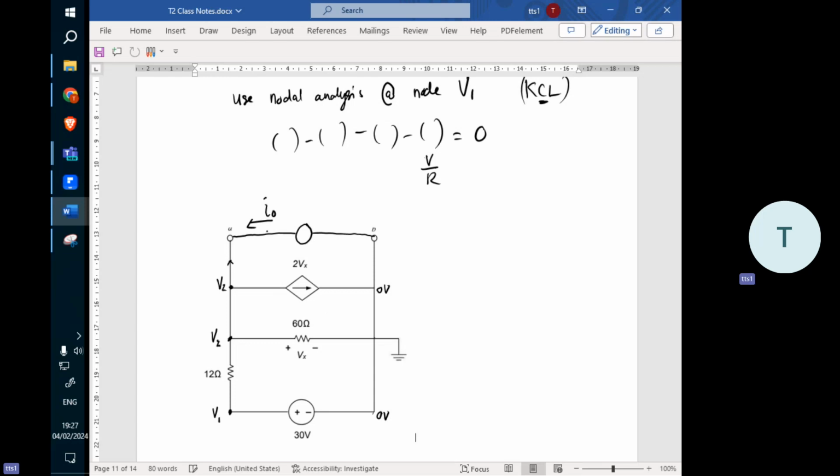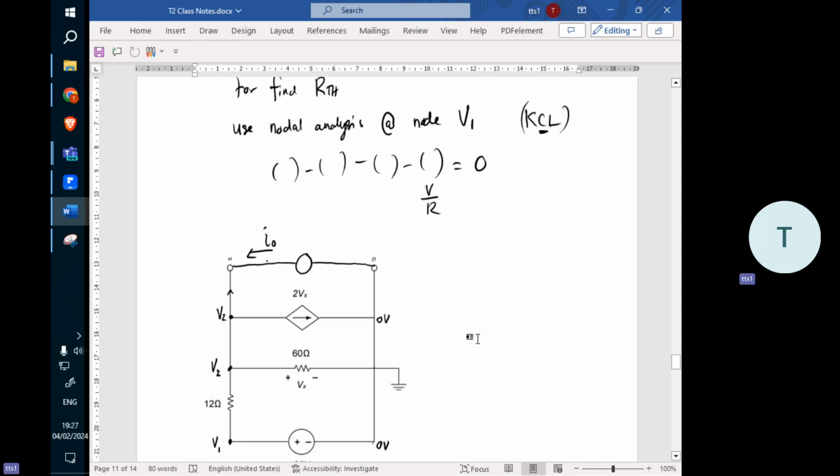I out is here. And at the end, you determine I out equal to some ampere.